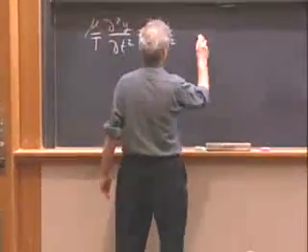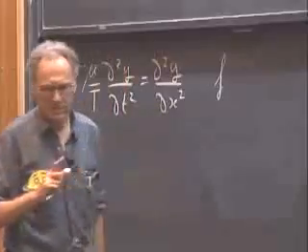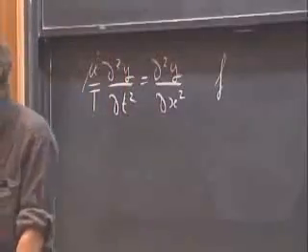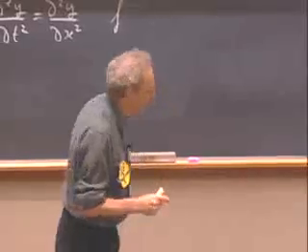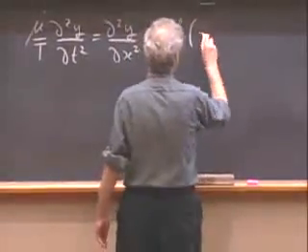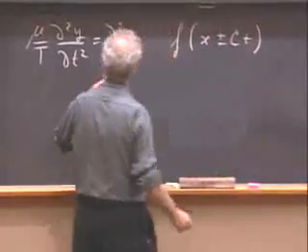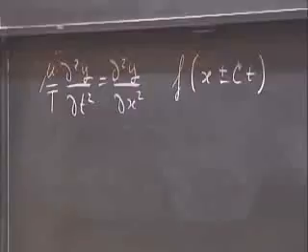Any function, any single valued function, you can come up with any one, I don't care with which one, any single valued function of x plus or minus a constant times t will satisfy this differential equation. Just look at it. You can see immediately that it works.